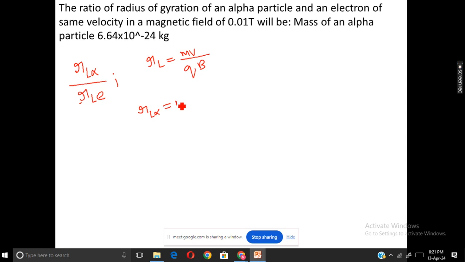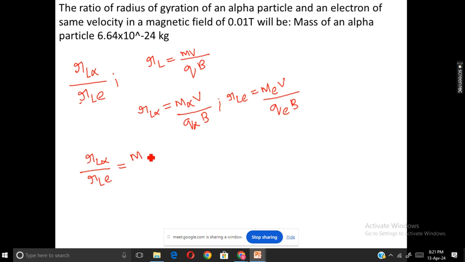So RL alpha will be M alpha, and they have given same velocity, so the velocity is same, by Q alpha, and magnetic field is also same, so it will be B. And RL electron will be mass of electron into velocity by charge of electron into B. So RL alpha by RLE will be M alpha V by Q alpha B, into the reverse, QE B by ME V. So velocity and velocity are same, so it will be gone.